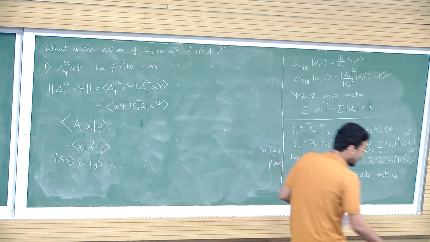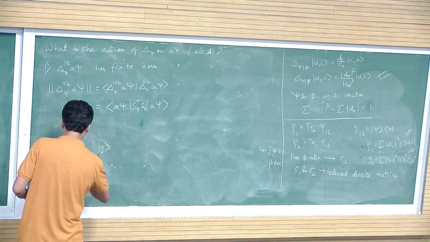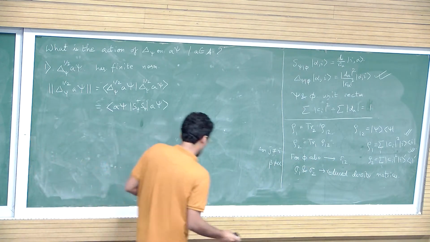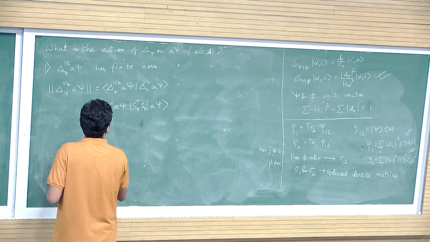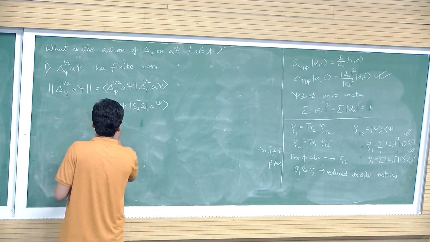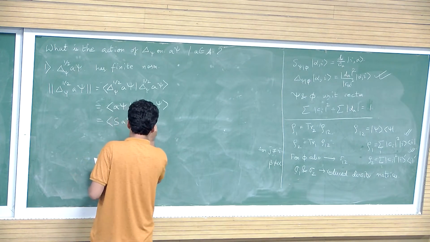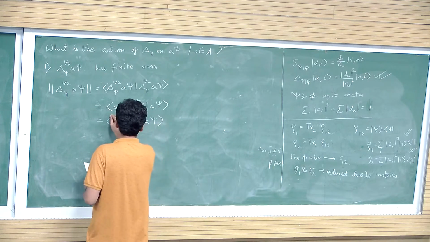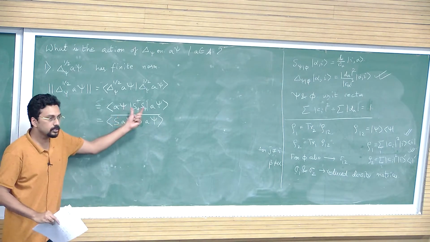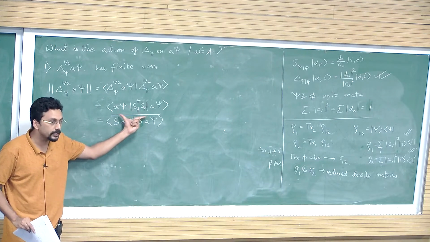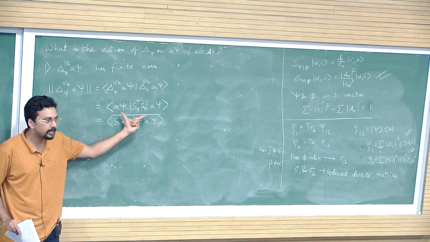But remember that S was an antilinear operator. And for antilinear operators, by definition, the action of adjoints is this. You do the same thing, but you have to take a complex conjugate, antilinear, to compensate. That was by definition.